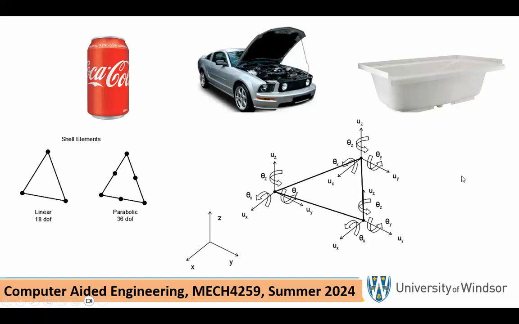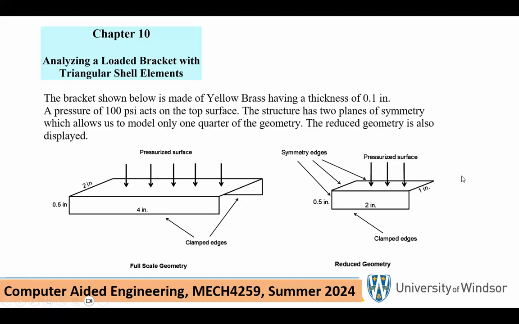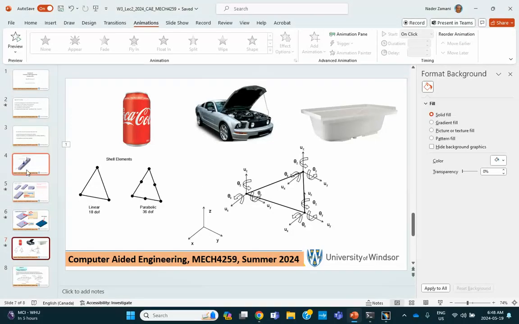Now, because shell elements go on surfaces, I want to quickly remind you of how you did surfaces in CATIA. So let's go here. I already have done one for the problem when I did this for you.